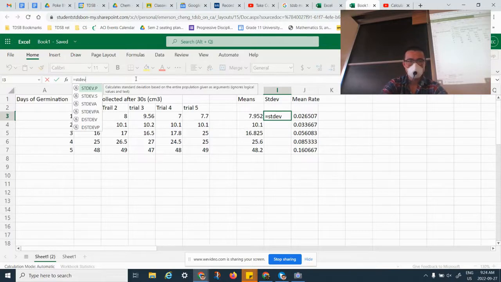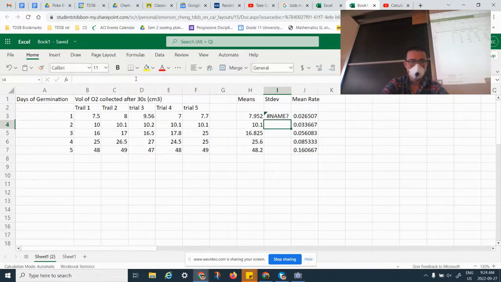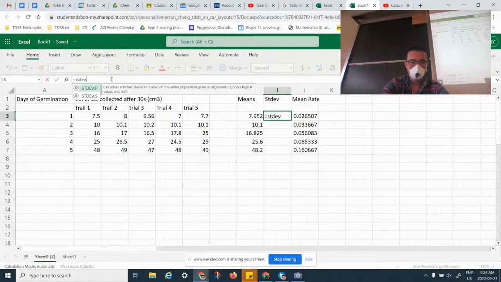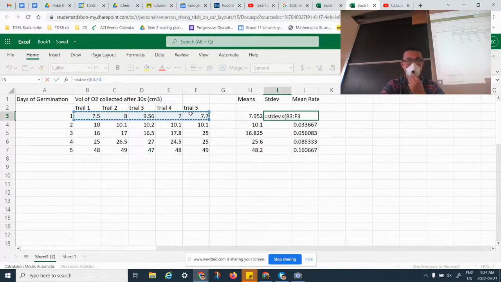Now, typically, you can just type that in, and I don't know why it doesn't show up, but here it goes. .S, and then you put a bracket. Again, I want Excel to calculate the standard deviation of these 5 numbers, these 5 cells, B3 to F3.